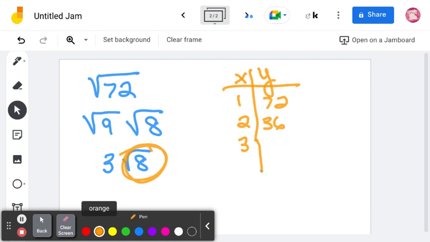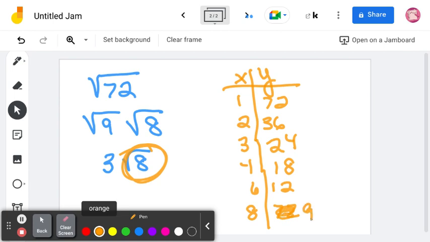I thought I could do it in my head. 3 times 24. Didn't know that one. 4 times 18. Dang, there's a lot of them. 5 times 14.4. 6 times 12. And then I think we get to 8 times 9. There's a lot of things that multiply to get 72. Whoops, it's not 8 times 72.